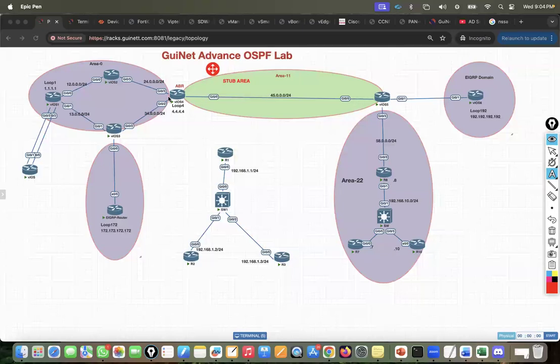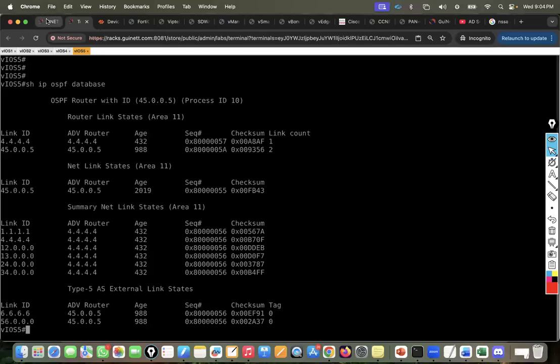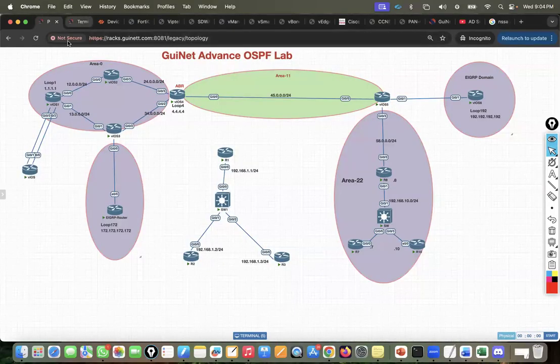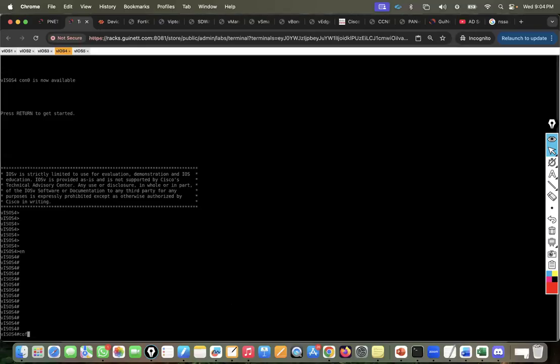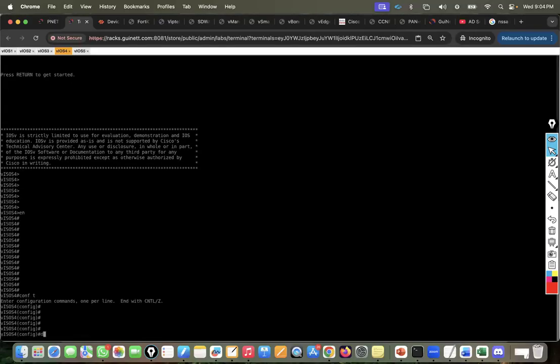And then we'll see what we are getting on R5 or might be R6, sorry, R4. So if I go here, to make a stub area you go on the R5 and R4 configuration. So R4 configuration here, config t, and do show run section OSPF.